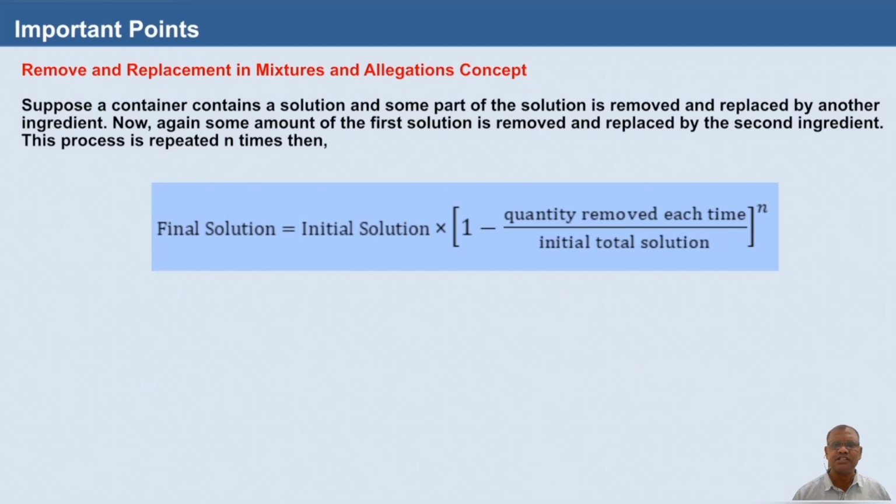Then the final solution is equal to the initial solution into 1 minus quantity removed each time divided by the initial total solution, whole to the power of n. So, when you are solving the questions, you can understand this formula better.